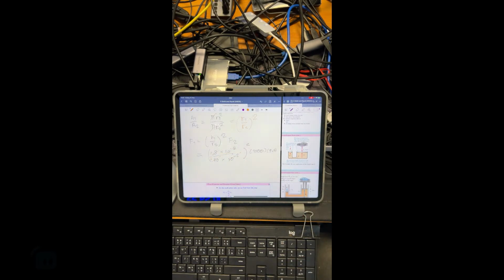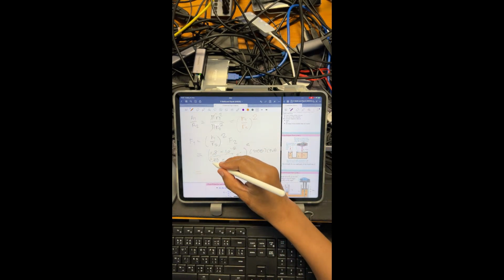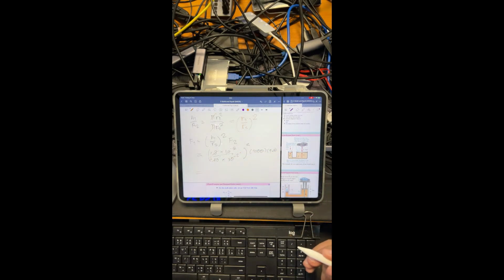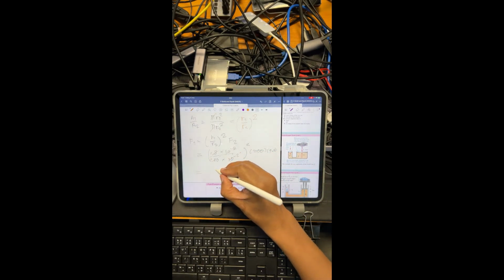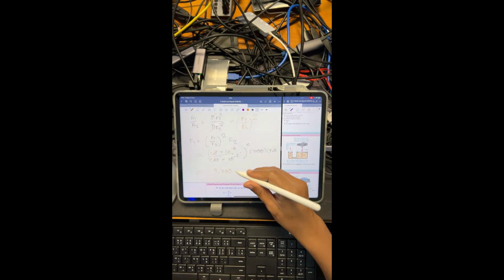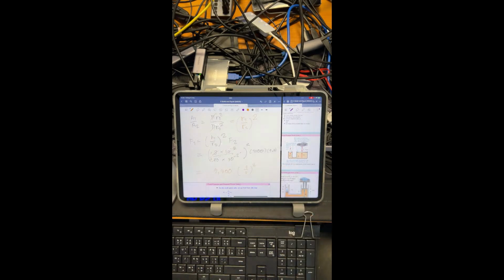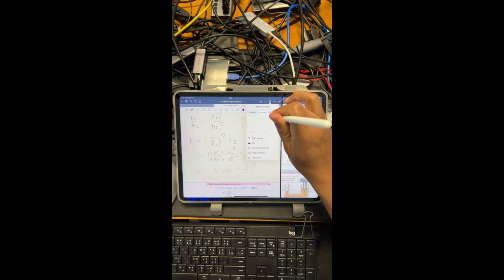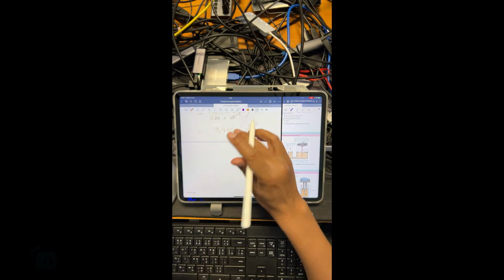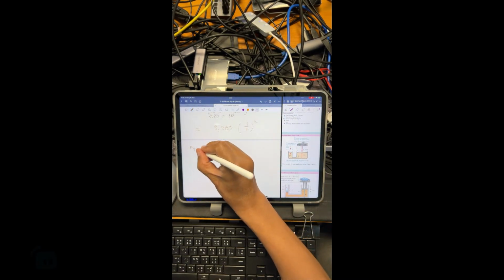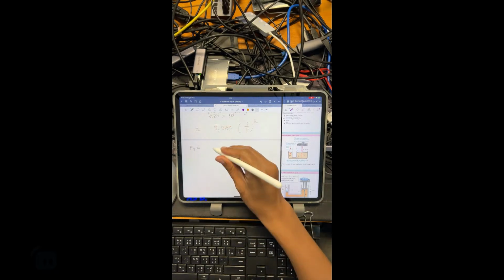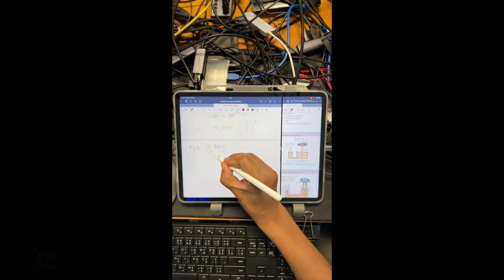It's going to be 9,800 in front of that, and the ratio here is 1 by 4 squared, which is 16. F1 will be 9,800 divided by 16.